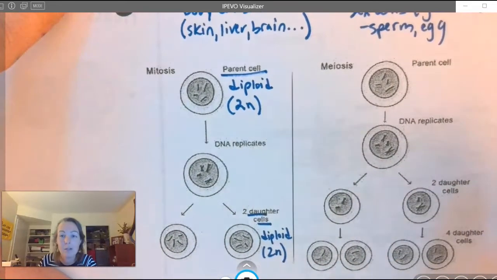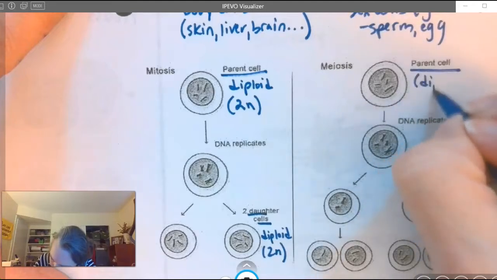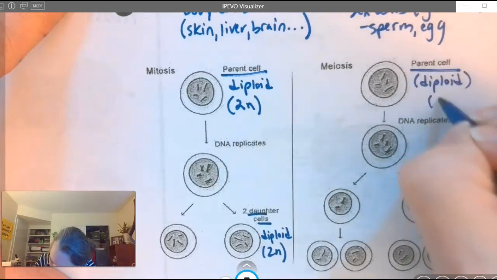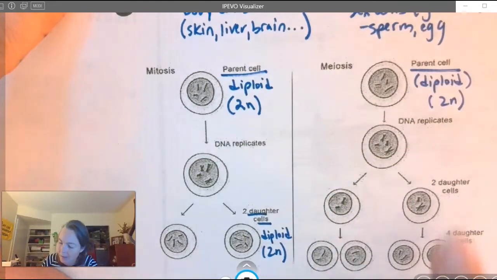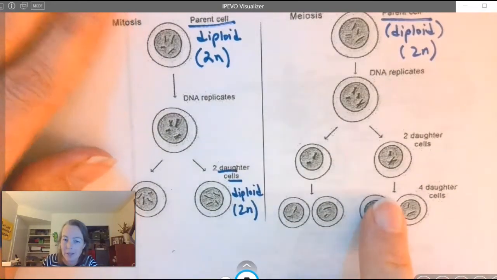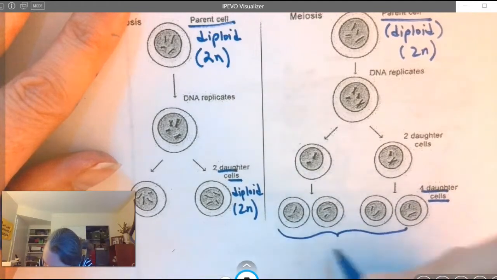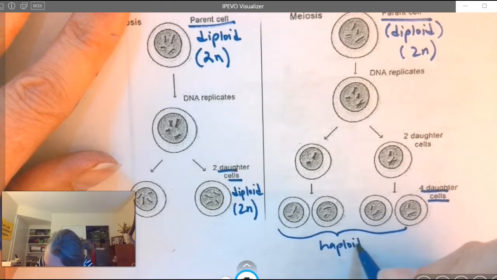In meiosis, you start off with one parent cell that's diploid, also known as 2N, but you actually have two divisions, and you end up with four daughter cells, and each of these daughter cells are haploid, or N.